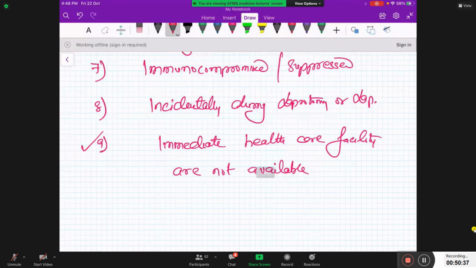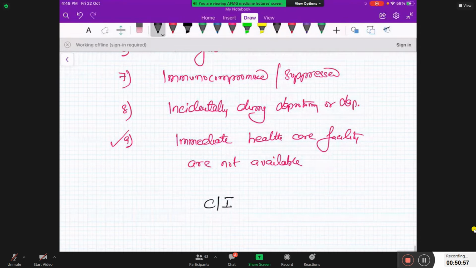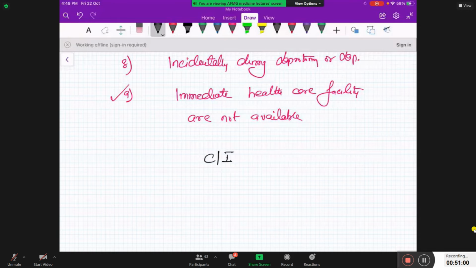Now, so these are the indications of prophylactic cholecystectomy. Even when the patient is asymptomatic, we have to remove gallbladder, right? Then we all know by now that laparoscopic cholecystectomy is preferred over open cholecystectomy. But then there are contraindications for laparoscopic cholecystectomy also. What are the absolute contraindications for laparoscopic cholecystectomy?